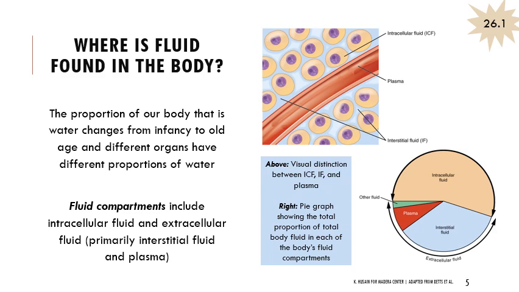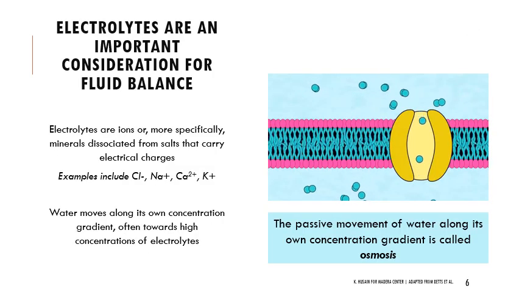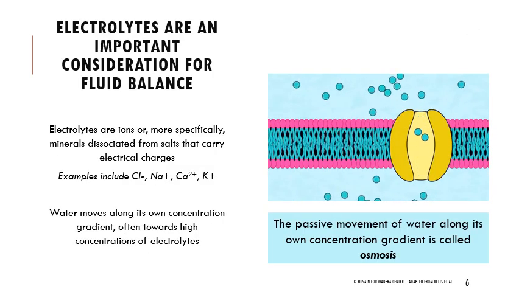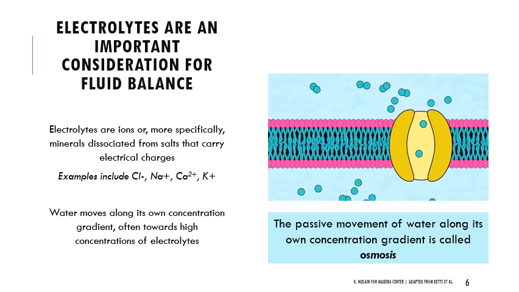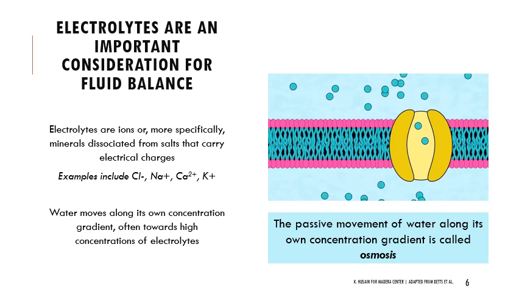So these distinctions represent fluid compartments. They can be fluid inside of intracellular context or extracellular. And extracellular mostly consists of interstitial fluid, or IF, and plasma. So when we're thinking about the movement of fluids, a lot of the fluid that we're talking about is water, and different substances are dissolved within that water.